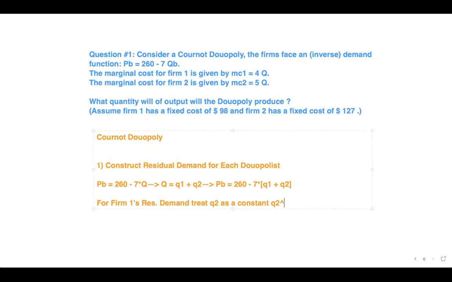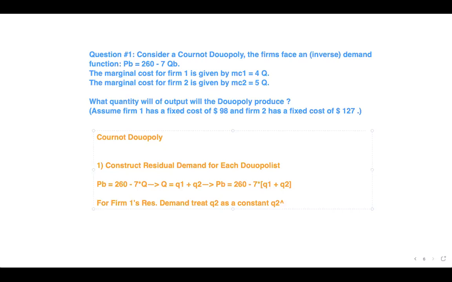That just means you're assuming it's some number. You don't know what the number is yet. But the idea is that firm one is going to maximize their profits as if they were a monopolist on their own, but taking the output of firm two as given at some level.